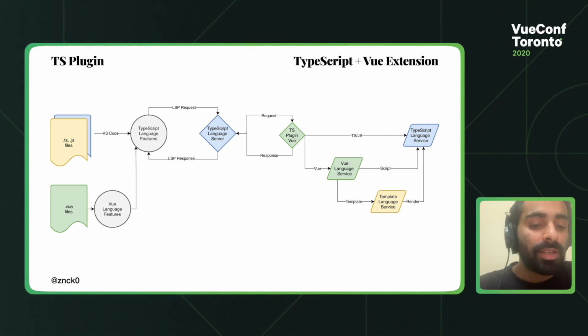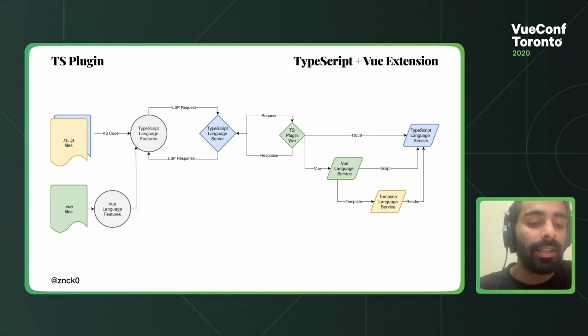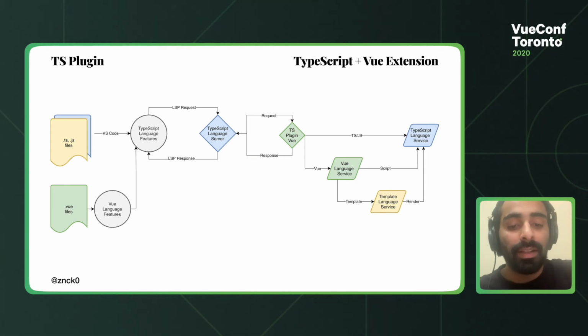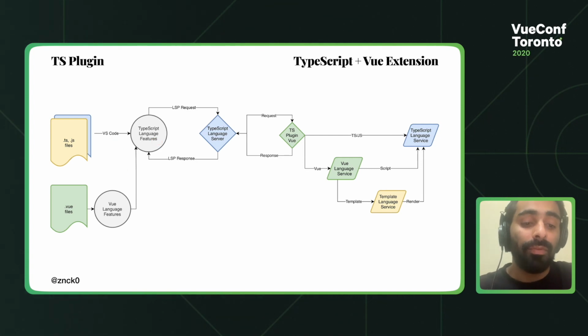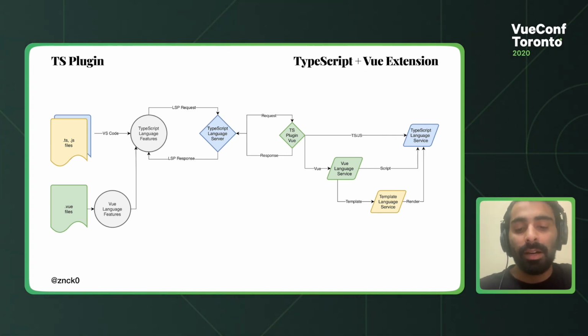Here we will process this response, look at references to these virtual files and write them back to the Vue files. Now when the response is seen by the extension in VS Code, they see the Vue file instead of these intermediate virtual file representations. And in a nutshell, that's how the TypeScript plugin works.